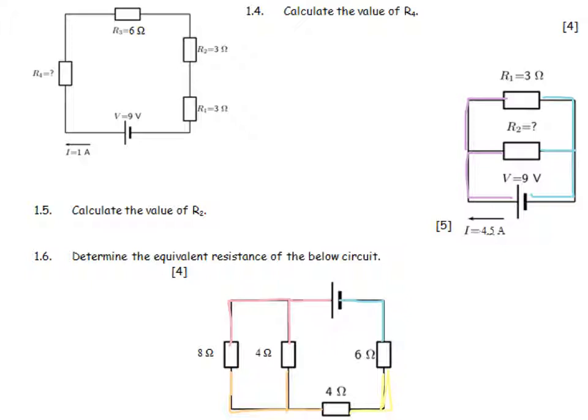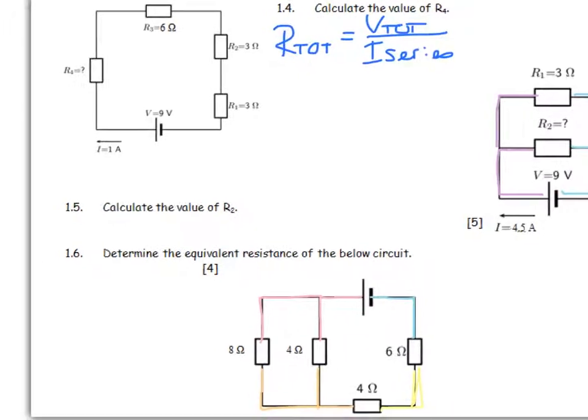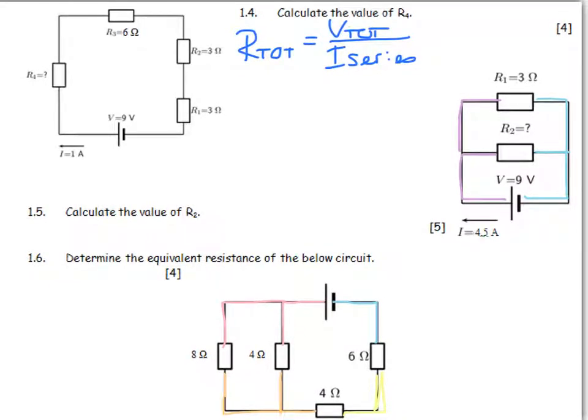Calculate the value of R4. So what I'm going to do is I'm going to work out the total resistance. R total is equal to the total potential difference, remember, we're not talking about internal resistance here, so it's fine, divided by the series current. And we had changed this in the test to 20 volts, because otherwise it actually doesn't work.